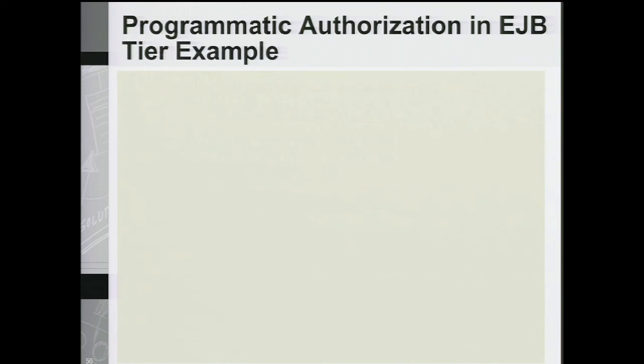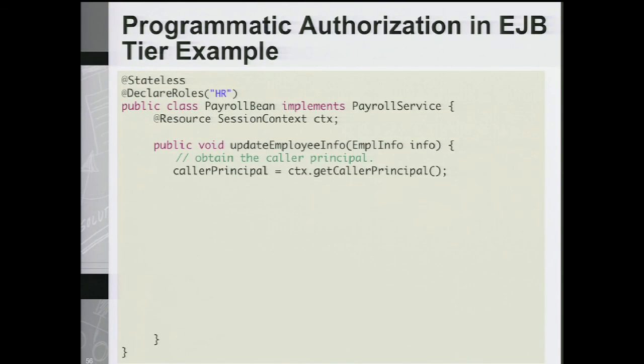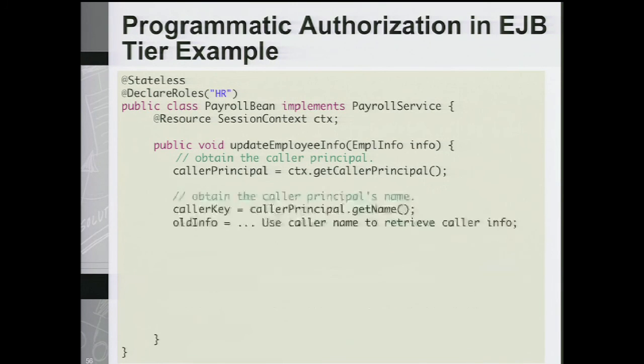Okay? An example. Let's say you have a payroll bean, and in the declare roles we say HR, so we're going to use the role HR in the is user in role. So we'll see that. In the update employee info method, we're trying to get the principal name. We're trying to figure out who is currently logged in. And we're doing some database work to retrieve the user information by getting the name of the principal.